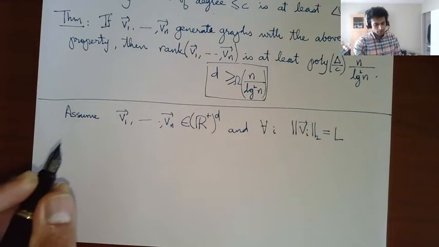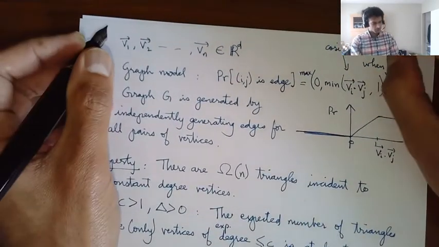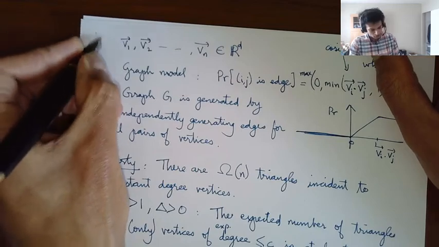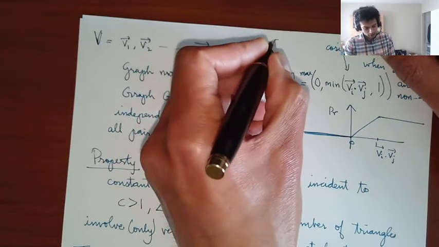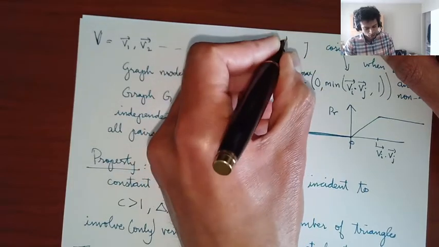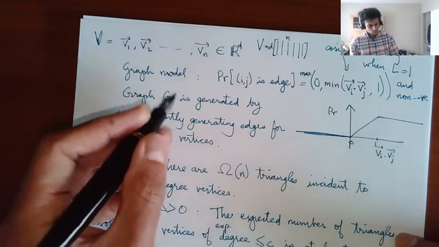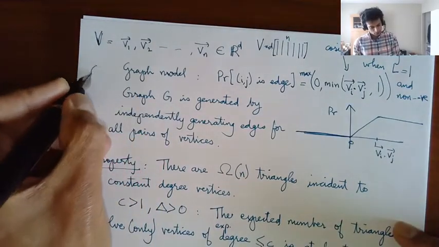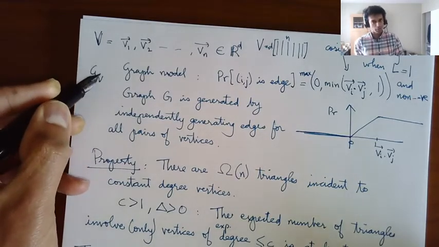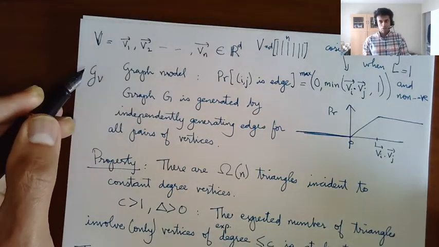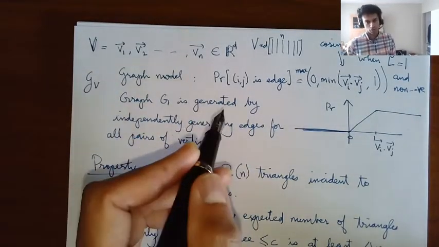Let me use some notation. Given these vectors, let me denote this as V. I can think of V as this d cross n matrix, and I will refer to this graph model as script G sub V. Script G sub V is a distribution of graphs on n vertices, where the distribution is described here.